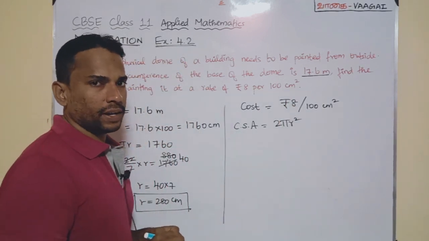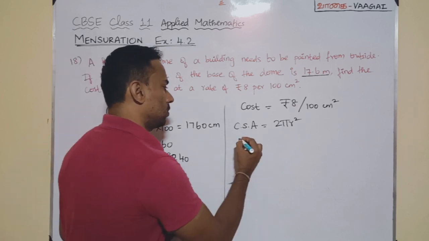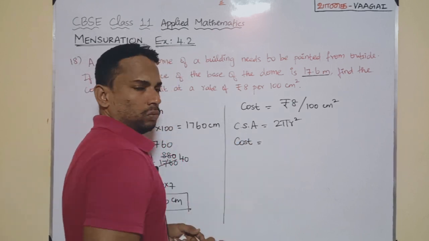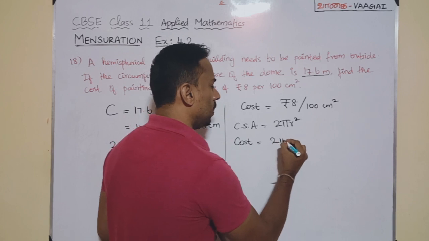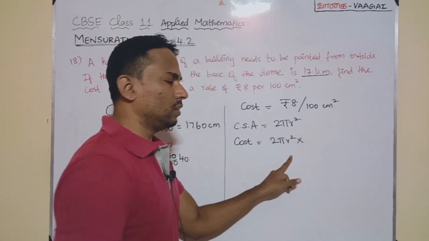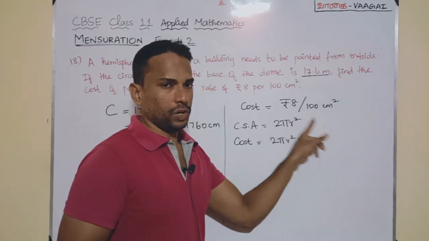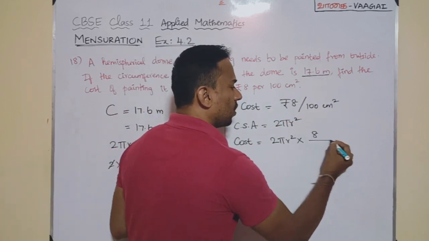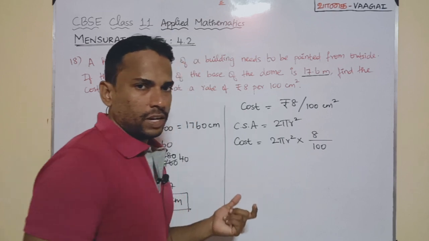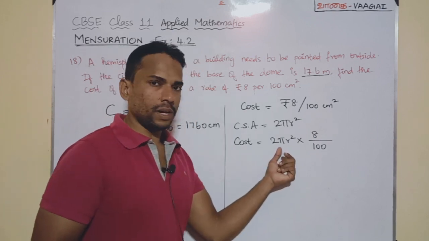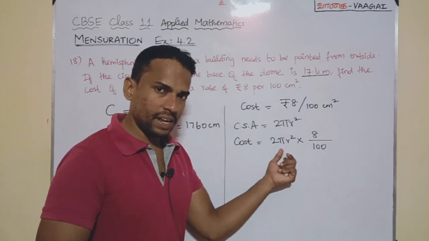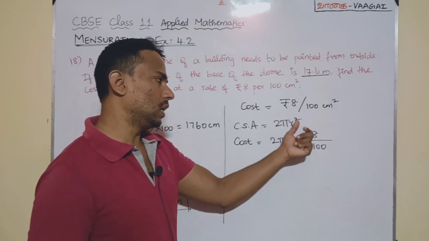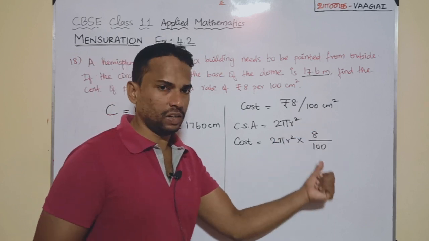Now the next thing I need to do is find the cost. To find the cost, I have to take this 2 pi r square and multiply it with our cost per unit. The cost per unit is 8 rupees for every 100 centimeter square. We need not worry, because the value of 2 pi r square will be in terms of centimeter square only, so I can directly multiply that with 8 by 100.